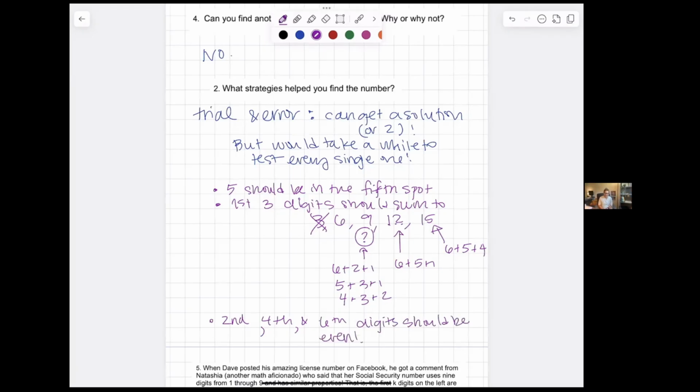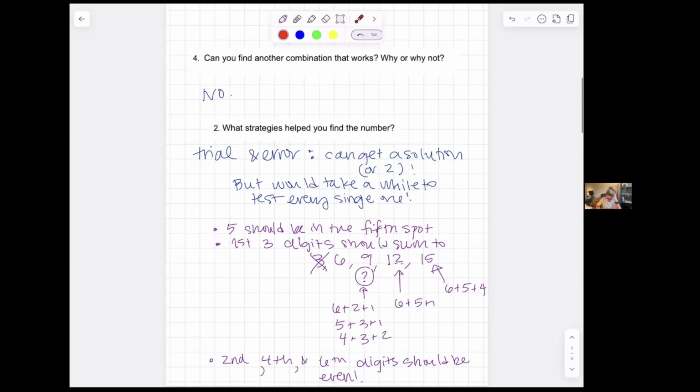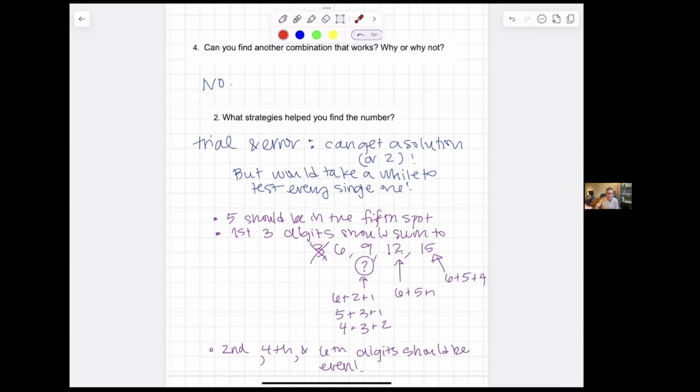We know that because the first two digits had to be divisible by 2, the first four digits had to be divisible by 4, and all six digits had to be divisible by 6, which means in each case they all had to be divisible by 2, right?